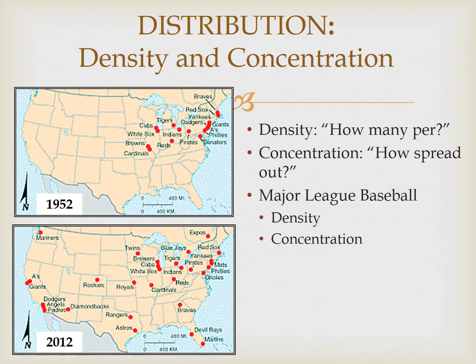It's more dispersed with teams throughout the United States and Canada, meaning that the concentration decreased from high or clustered to low and dispersed as the density increased. So make sure that you describe number and spread, density and concentration, as 2 different components of distribution.